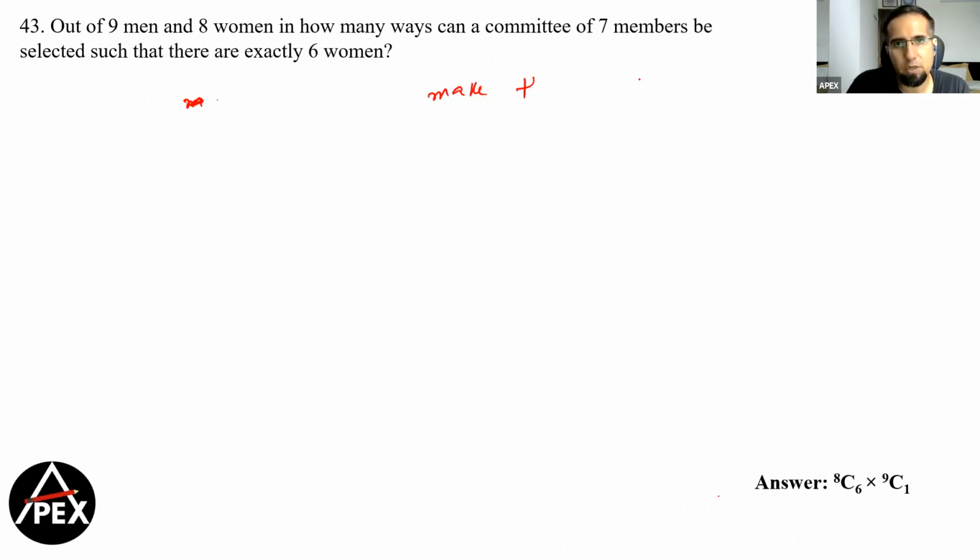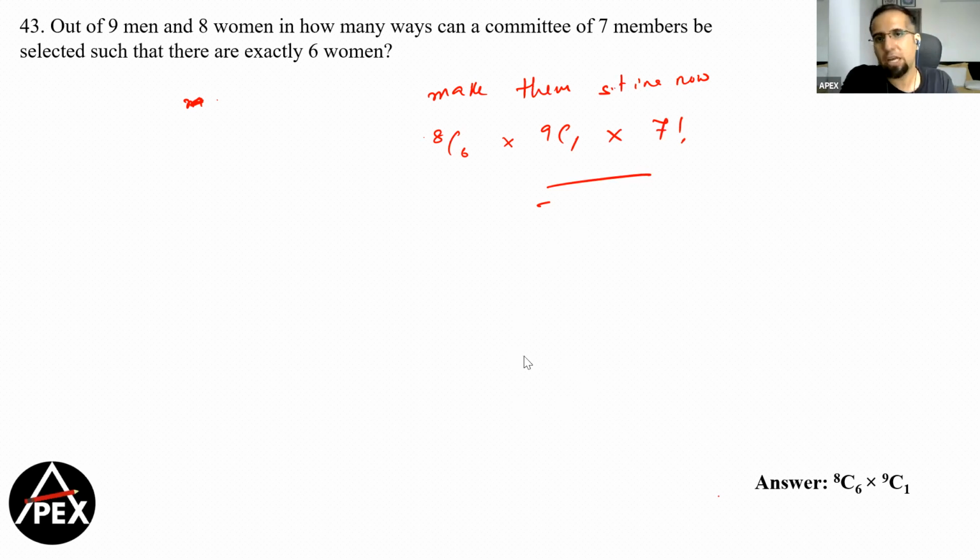Make them sit in a row. Even then, the best possible condition here would be 8C6 into 9C1. I've selected 7 people and I have to arrange them in 7 places, that is into 7 factorial.